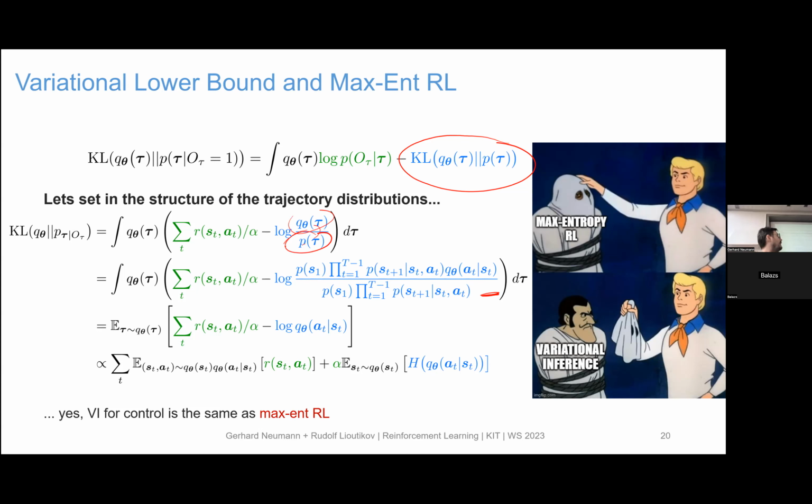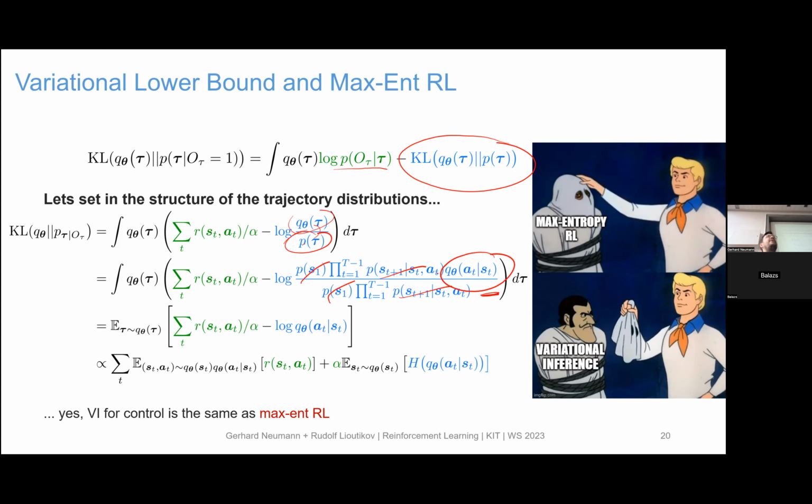We set in our factorizations for the trajectory distributions. And the log of the optimality event given the trajectory is just the sum of the rewards divided by alpha. That's just how we defined it. And then you see that even though the equation looks terribly complex, it's not, because everything here cancels out, isn't it?